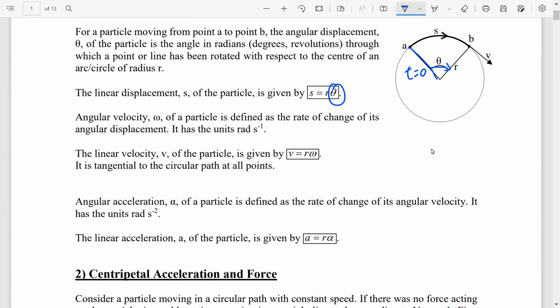So the next thing is called angular velocity. This term is known as omega, O-M-E-G-A. This is the Greek alphabet, so this is a small letter. The capital letter you all learned before already, which is going to be this.